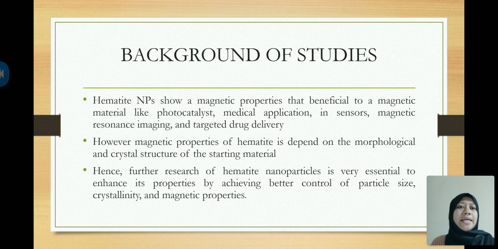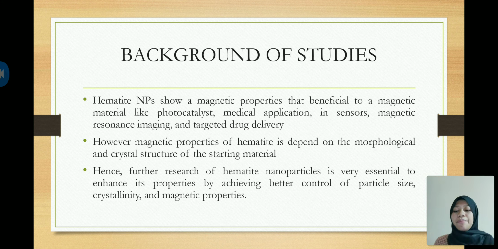Actually, hematite is one of the phases of iron oxide, as it exists in different phases, such as alpha iron oxide, which is hematite, beta iron oxide, which is magnetite, and gamma iron oxide, which is maghemite.